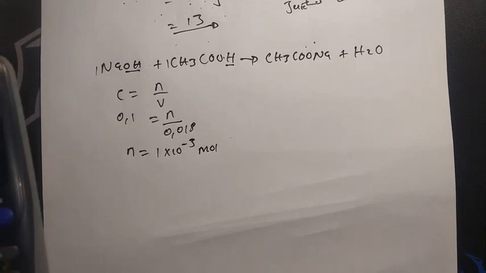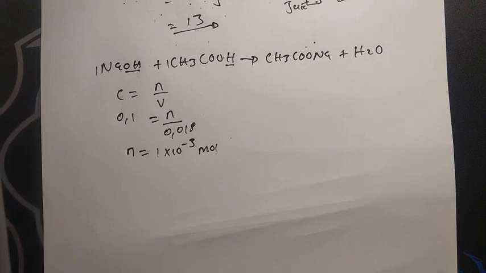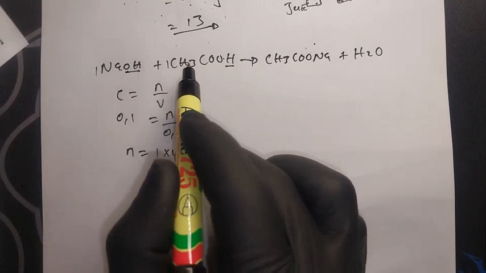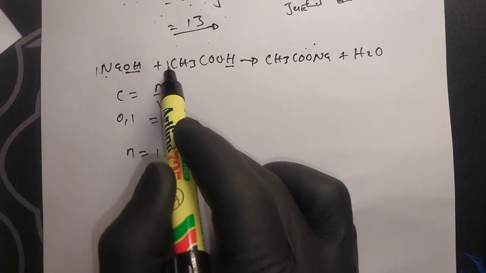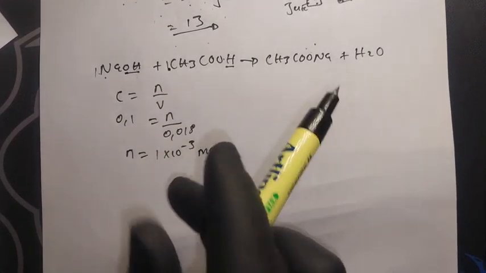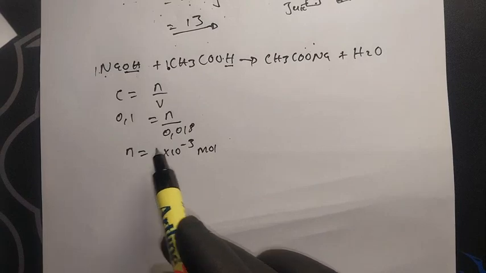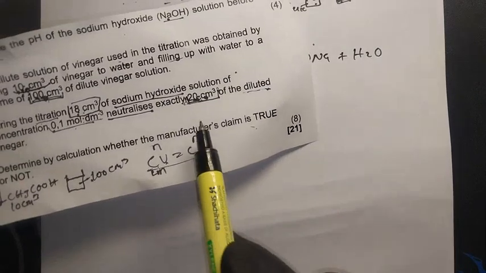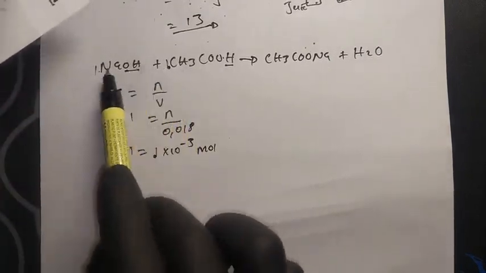Now the next thing you want to do: you have the number of moles of this one, and you use the same number of moles for this one, because this number of moles was used to neutralize 20 centimeter cube of this one, so the number of moles should be the same.